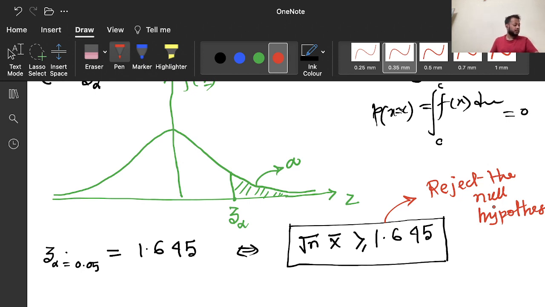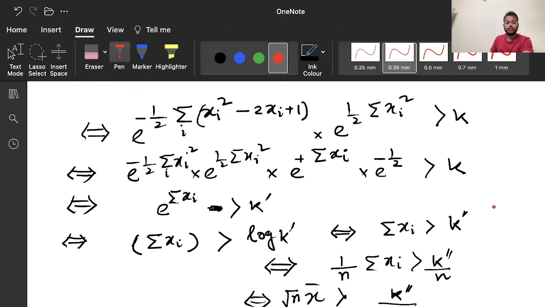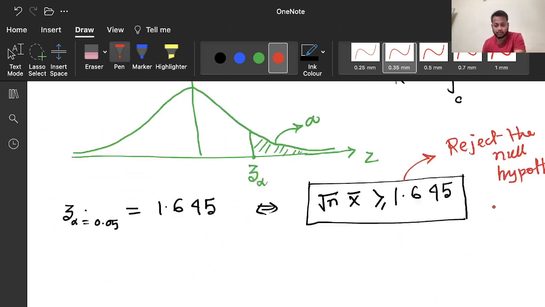So let's move towards another example, and here mu is not 0, but suppose something else.